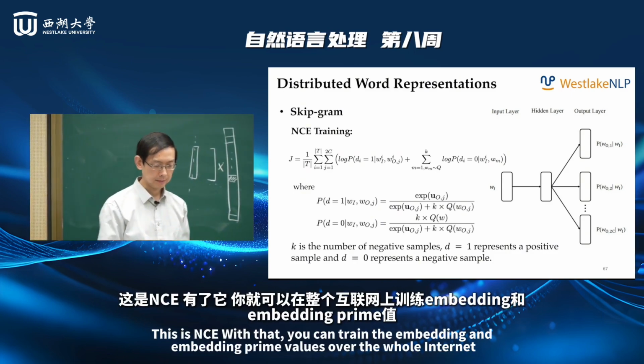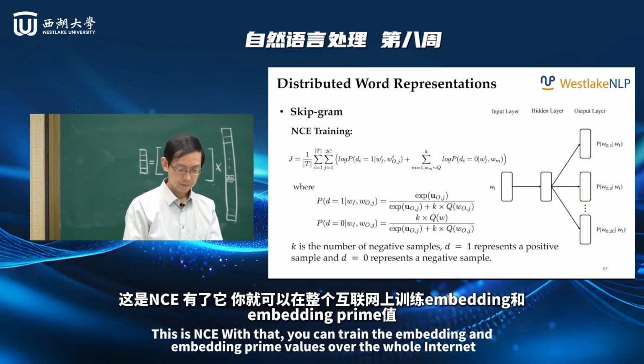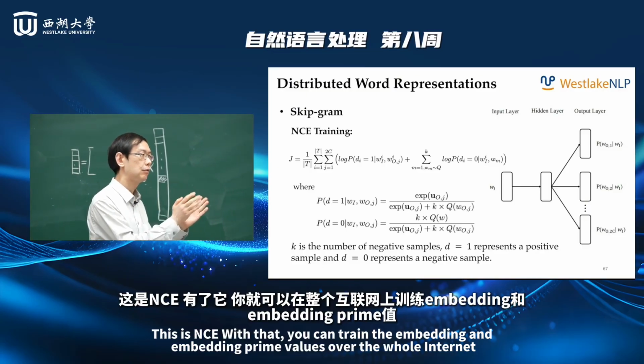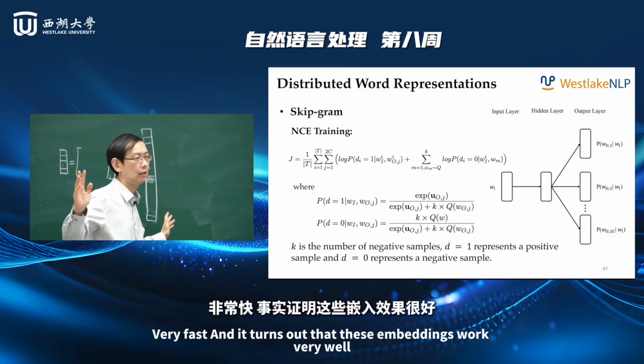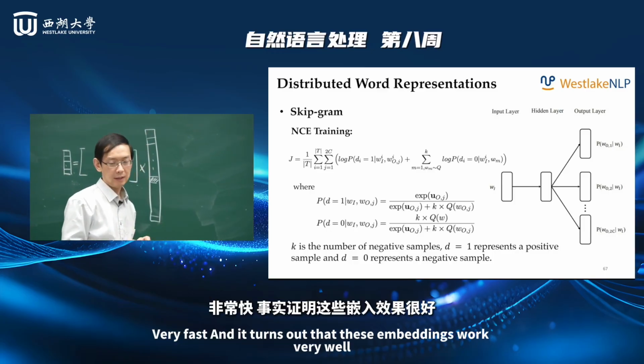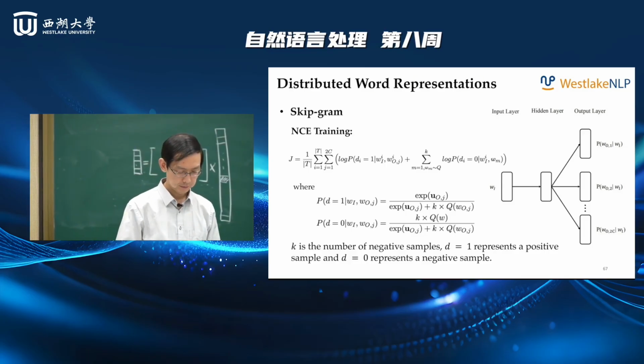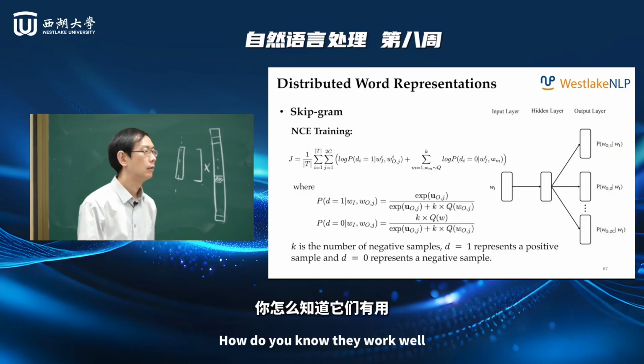This is NCE. With that, you can train the embedding and embedding prime values over the whole internet very fast. And it turns out that these embeddings work very well. How do you know they work well? I'll tell you later.